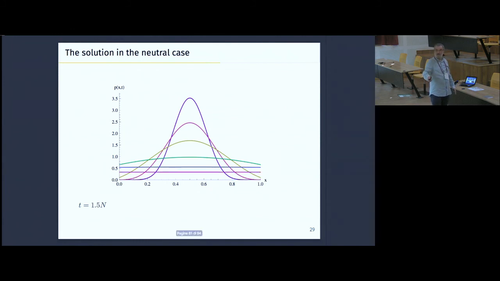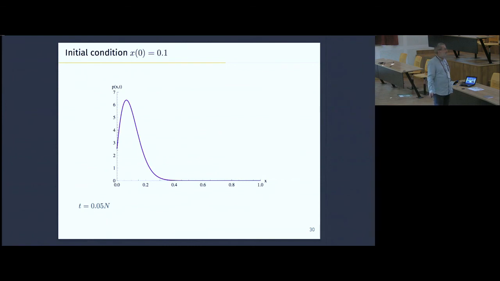All right? Now, what happens if you have a skewed initial condition like this one? Skewed initial condition goes down, and again it keeps skewness, but in fact it gets flatter and flatter. And eventually, when t is equal to N, it is more or less exactly flat.